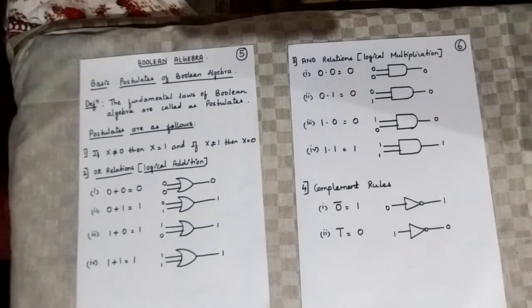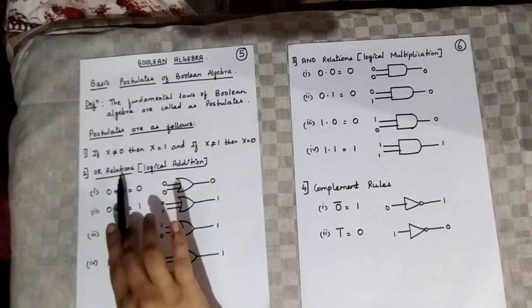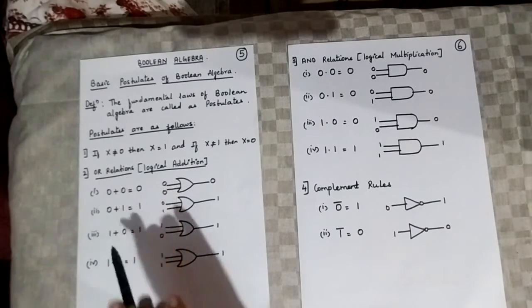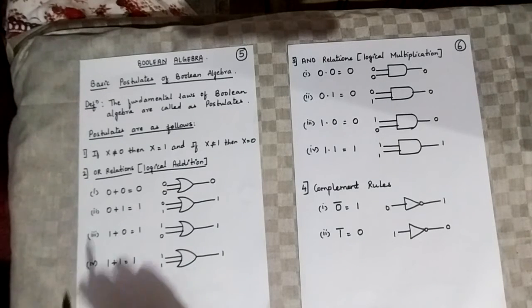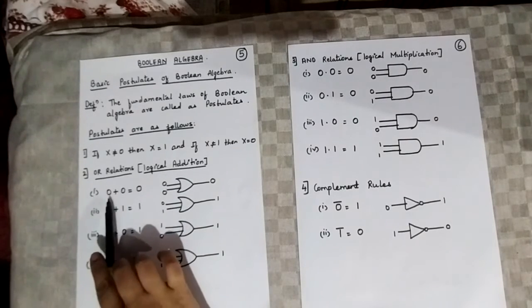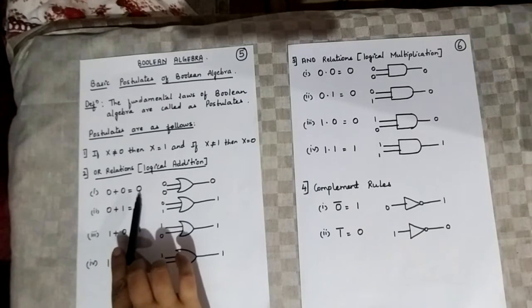Moving on to the next postulate, that is OR relations, which can also be termed as logical addition in Boolean algebra. Under these OR relations, with the help of two truth values, zeros and ones, we are getting four sub-postulates. What are they? The first one says 0 plus 0 results in 0.